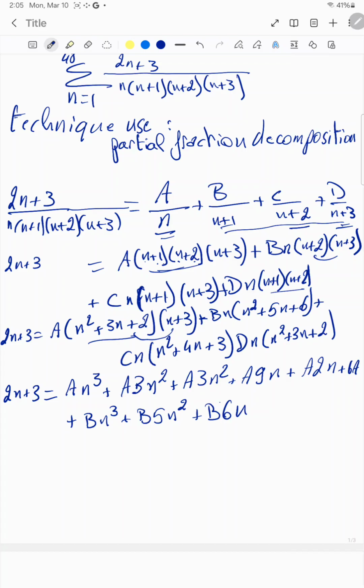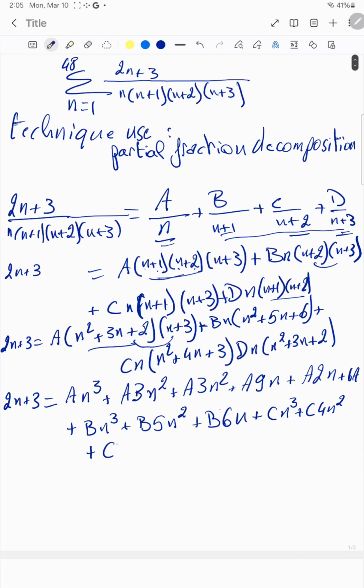And then let's do now the c: plus cn to the power of 3 plus c4n squared plus c3n, and there is a plus here, plus dn to the power of 3 plus d3n to the power 2 plus d2n.